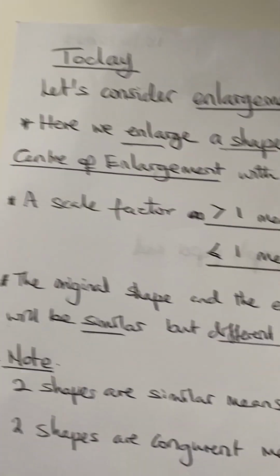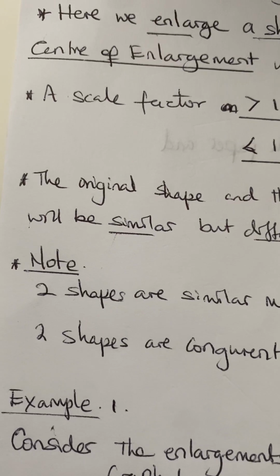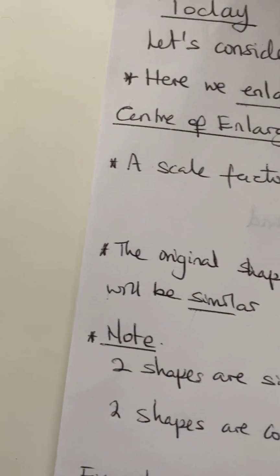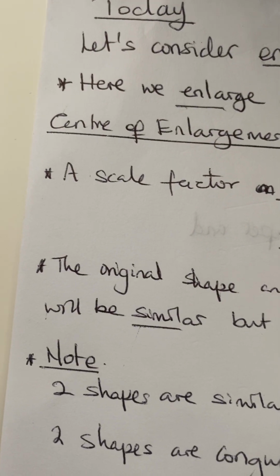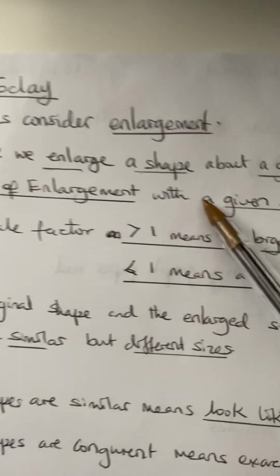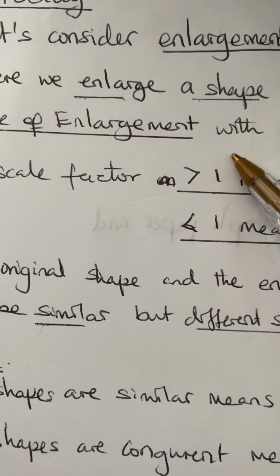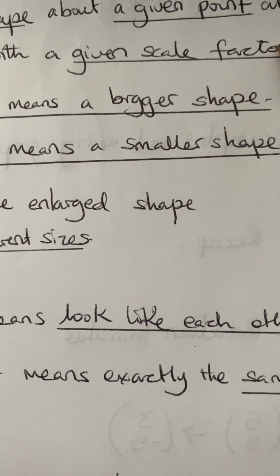We want to consider enlargement. I'll talk you through it and show you the graph I have for you. Let's consider enlargement today. Here we enlarge a shape about a given point, also known as the center of enlargement, with a given scale factor.